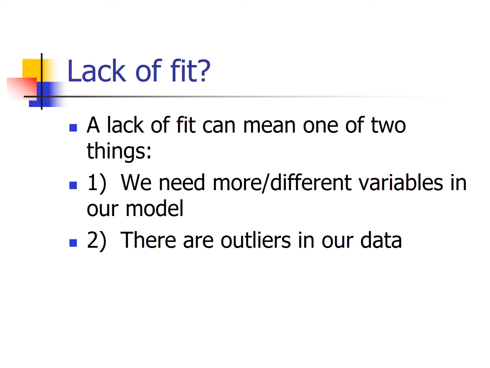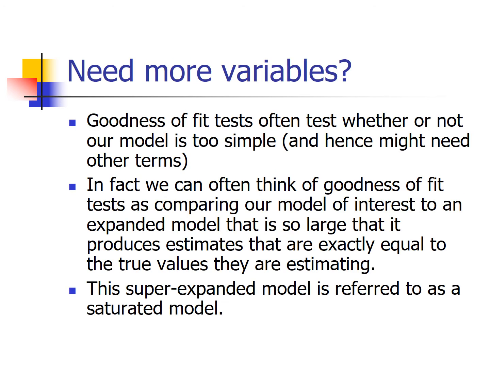It could mean that there are outliers in our data. So let's start with the idea of perhaps needing more variables. Goodness of fit tests often test whether our model is too simple and hence might need other terms.